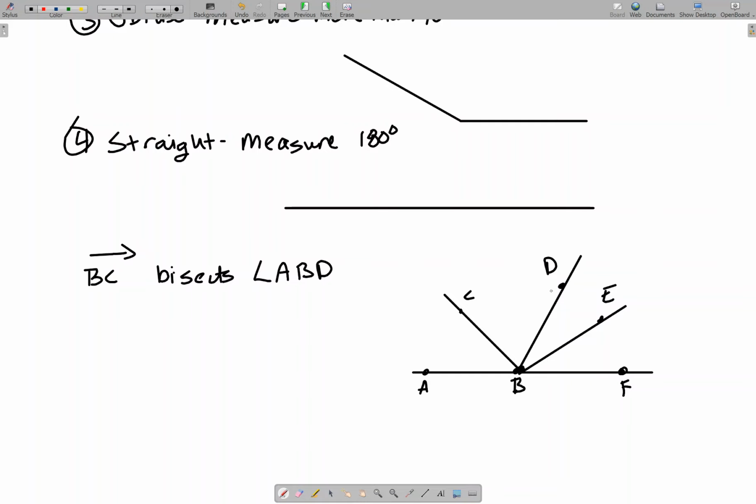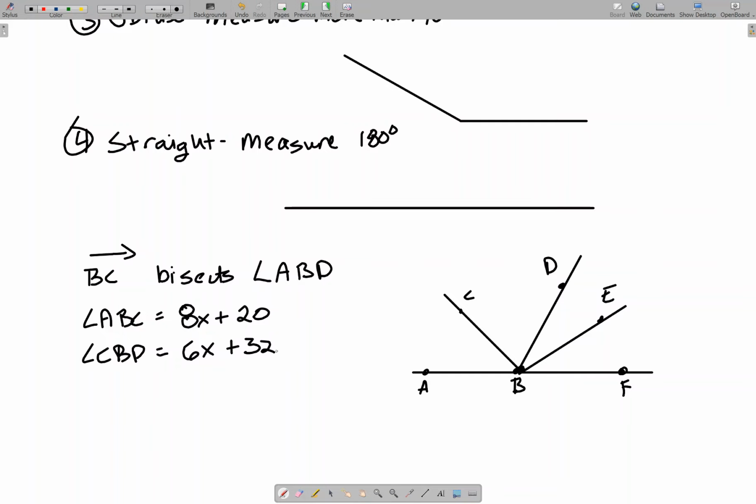So let's say that angle ABC is equal to, let's say, 8x plus 20. And then we'll say angle CBD, I know, we're throwing algebra into this, CBD is equal to 6x plus 32.